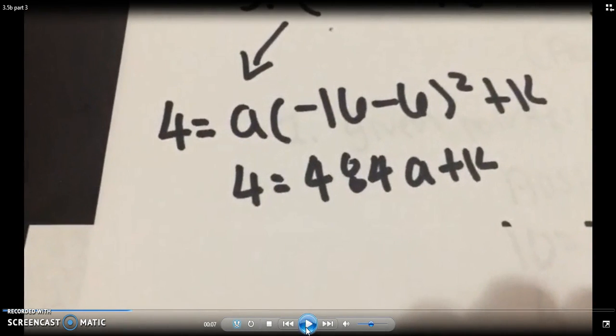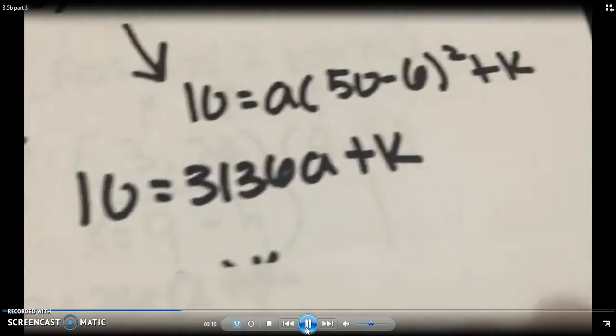My first equation is 4, my y, equals a parentheses negative 16, my x, minus 6, my AOS, parentheses squared plus k. And negative 16 minus 6 squared is equal to 484. So it simplifies down to 4 equals 484a plus k.